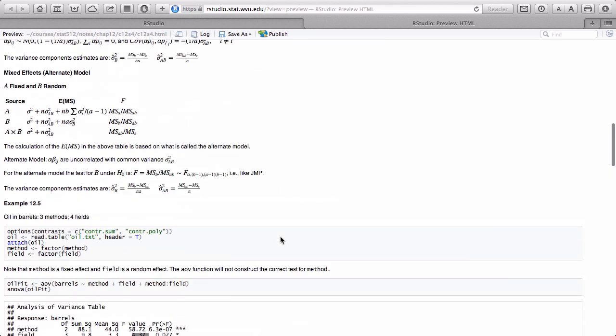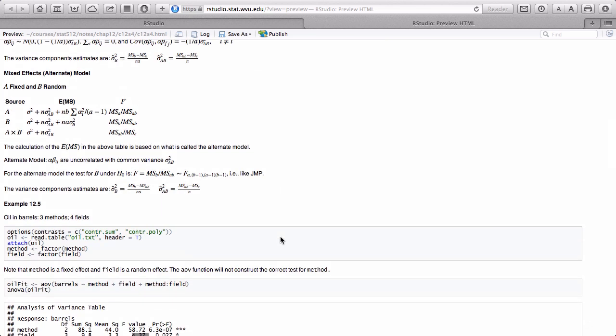So I presented both the standard and the alternate. Most books only present one. But unfortunately, since there's different computer software out there, you should know the distinction and know what you're doing. Which is better? Well, as I said, you're making more assumptions with the alternate model. But JMP uses it as long as you know that you're assuming no covariances.